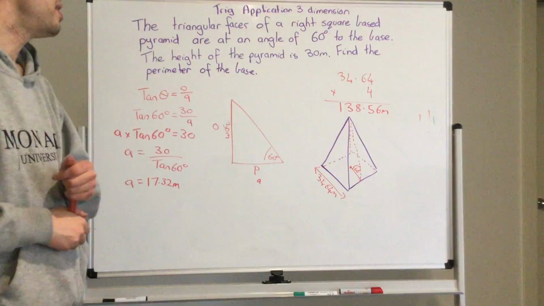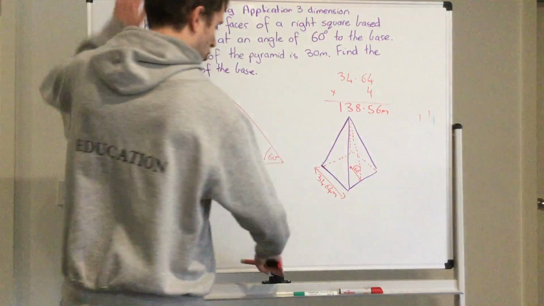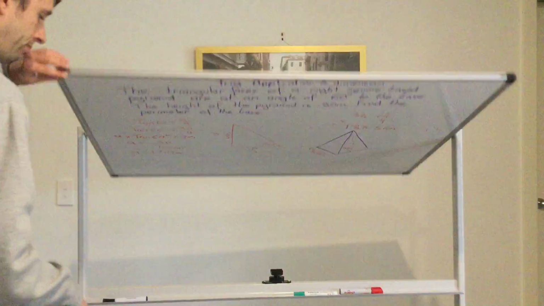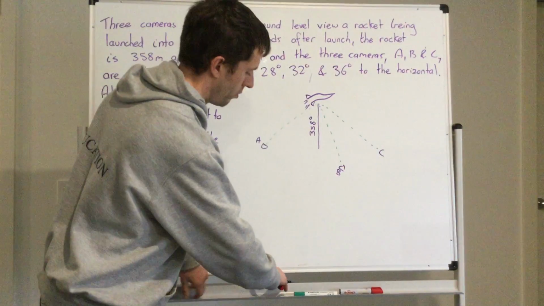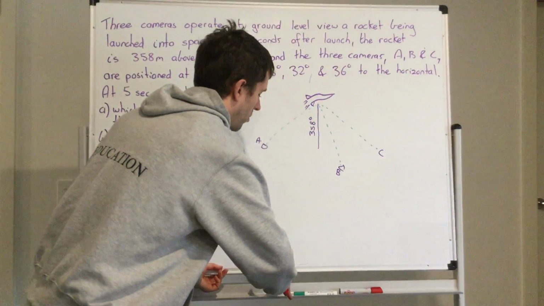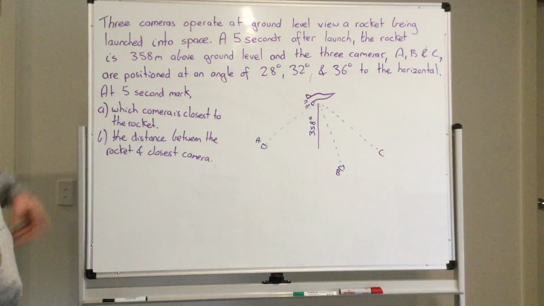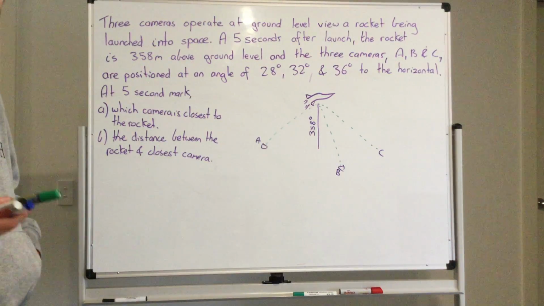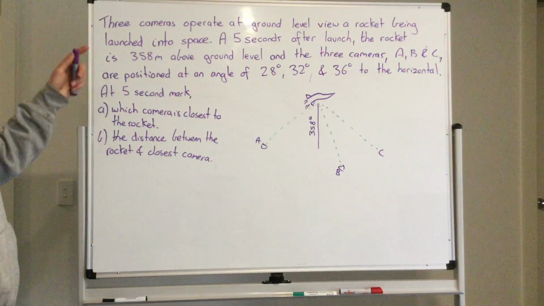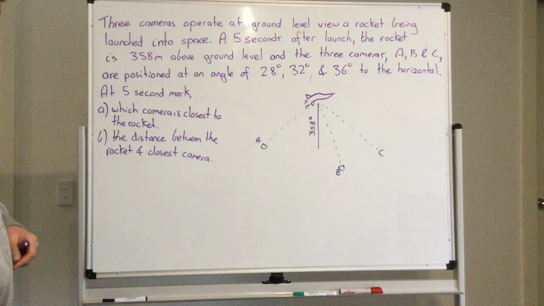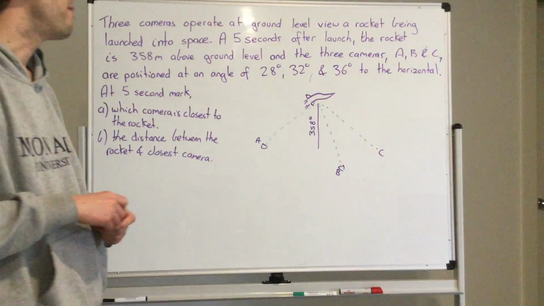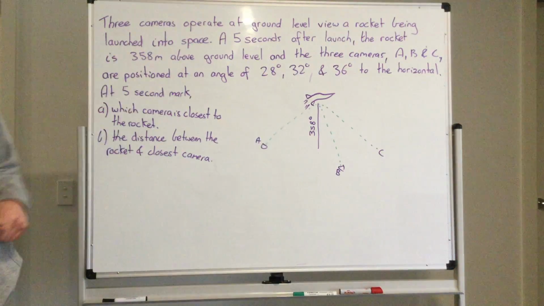Let's have a look at another 3-dimensional trig application question. Okay, here we have 3 cameras and they operate at ground level view and they view a rocket being launched into space.